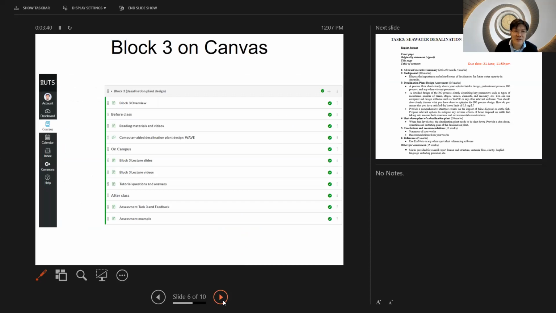So let's look at block 3. How many people have already looked at it? I have a few questions up to video 3, where it talks about passes and stages.